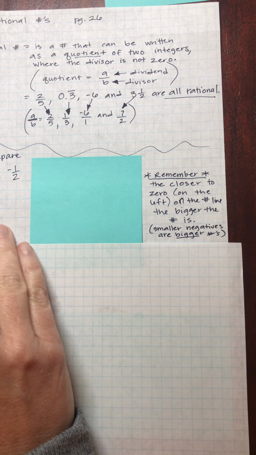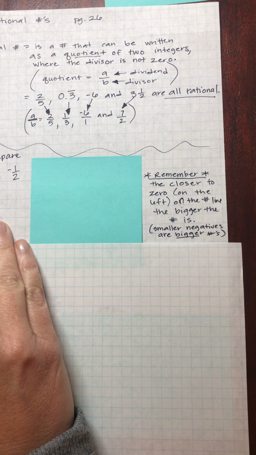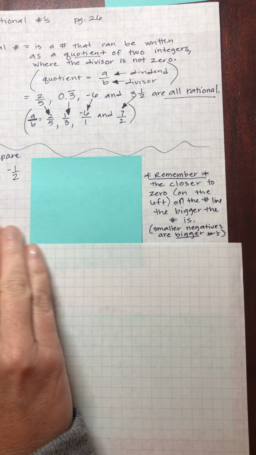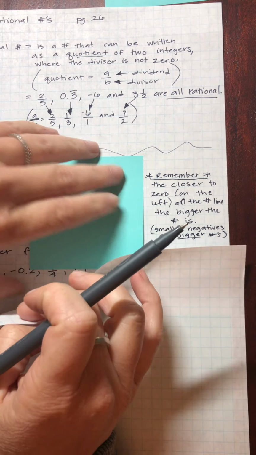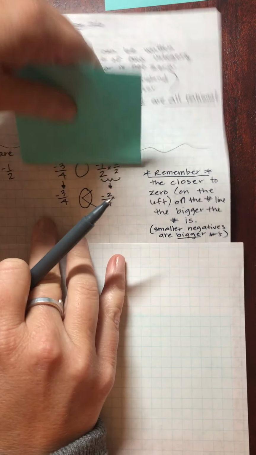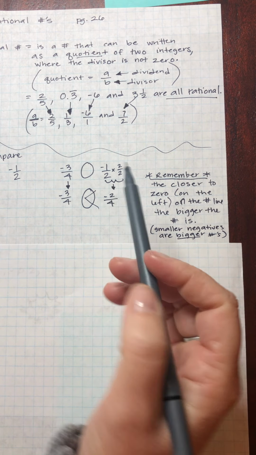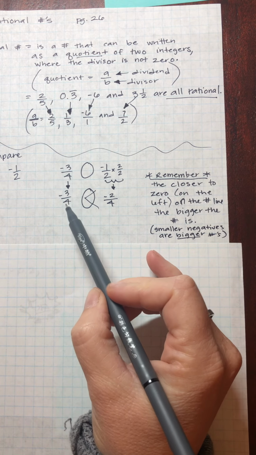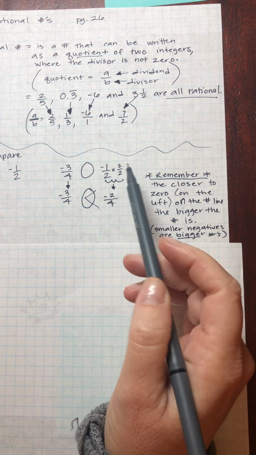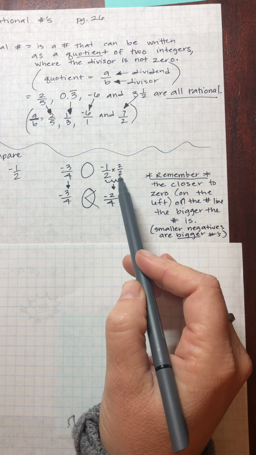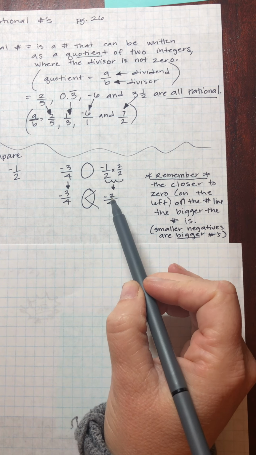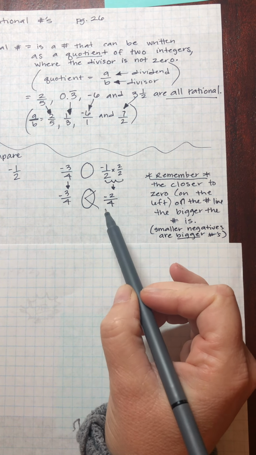The first thing we want to do, if they are in the same form, which is fractions in this case, is get a common denominator, right? So a common denominator for 4 and 2 is 4. So -3/4 will stay the same, and then -1/2, when we multiply it by 2/2, changes to -2/4.